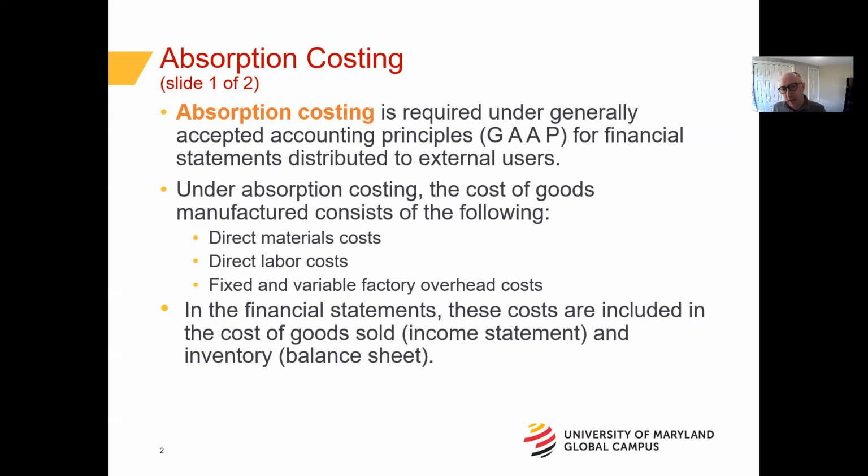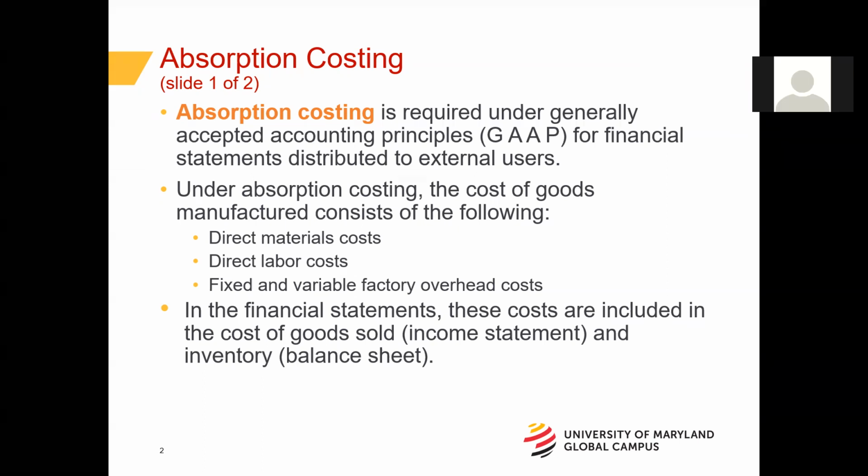When you look at your balance sheet, we know we have three different types of inventory. We have raw materials, work in process, finished goods. Those are your inventory accounts. On the income statement, after we sell our inventory, it moves from inventory to cost of goods sold.